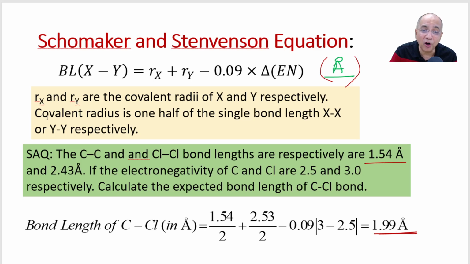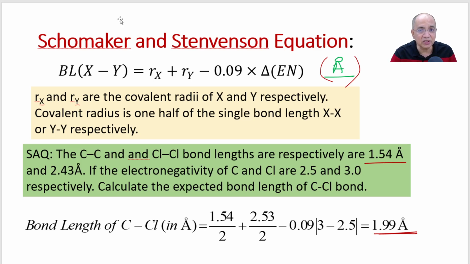It is half of the homonuclear single bond length. For example, the covalent radius of carbon means the carbon-carbon single bond length divided by 2. The covalent radius of chlorine means the chlorine-chlorine single bond length divided by 2. That is the pure covalent radius. It's not an approximate one; you have to take the homonuclear diatomic bond length divided by 2.